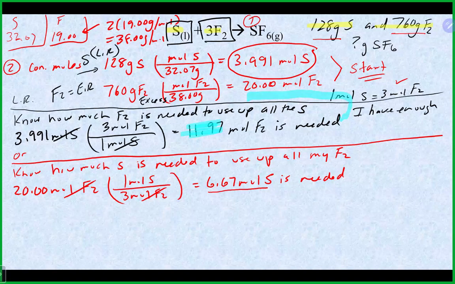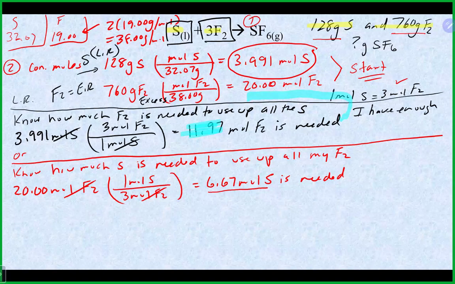So you don't typically have to do both of these calculations, but I wanted to show that you can choose either reactant. It doesn't matter which one you choose. You're just trying to figure out, for whichever reactant you choose, how much of the other one you need to put in there with it, and to see if you have enough. Any questions on that?